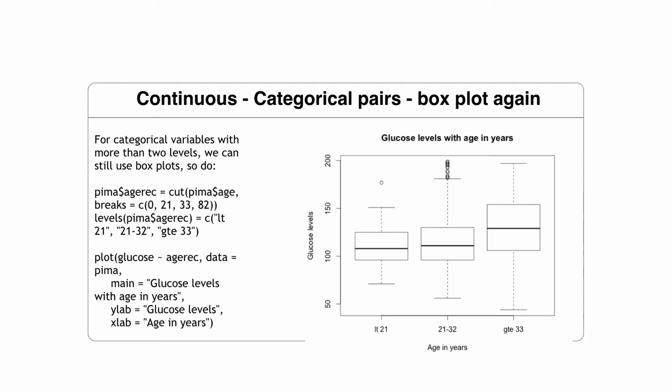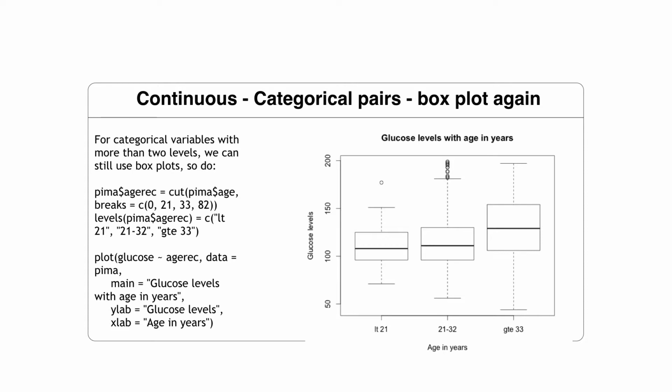Here we decided that, once we had seen the range of the values, we could break it up into three groups. One would be less than 21 years, one between 21 and 33, and the other greater than 33.